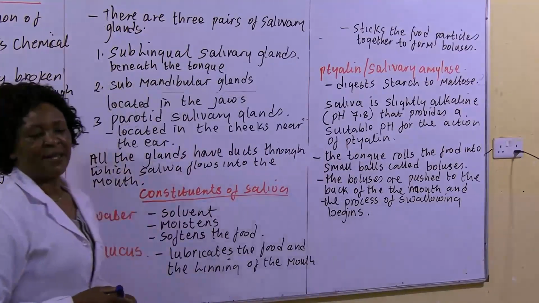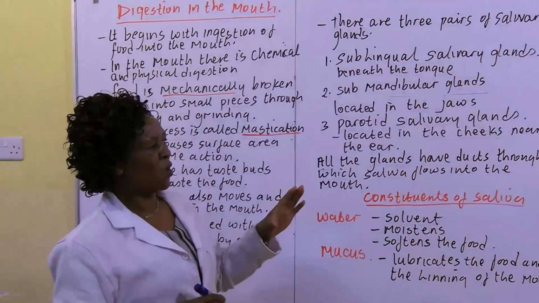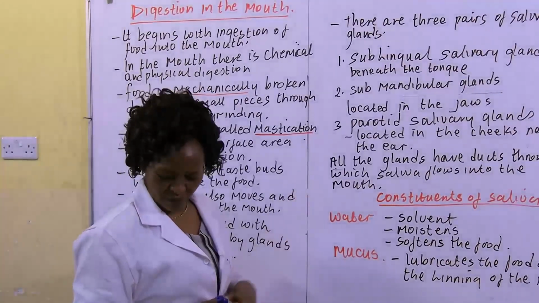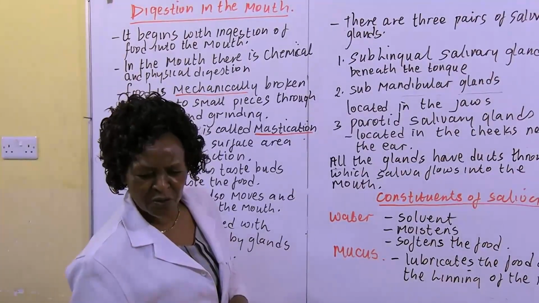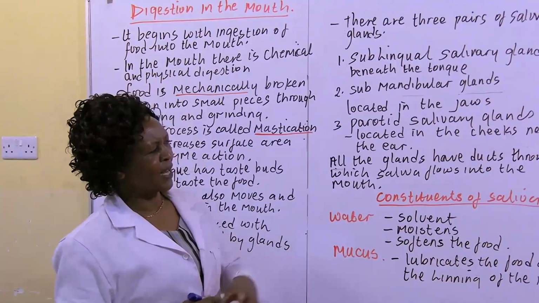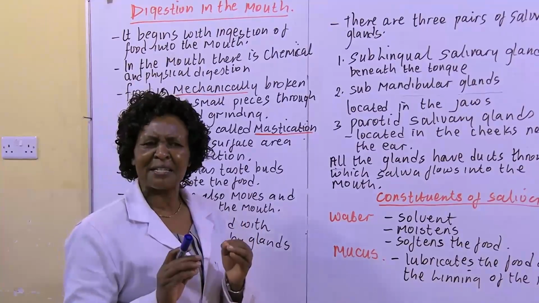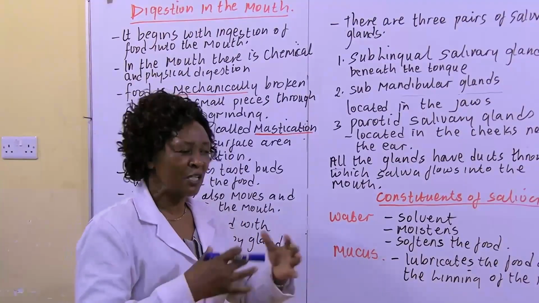We are through with mechanical and chemical digestion in the mouth. But before we move to swallowing, let's briefly look at the mouth we have just discussed. How is this mouth adapted to these processes?